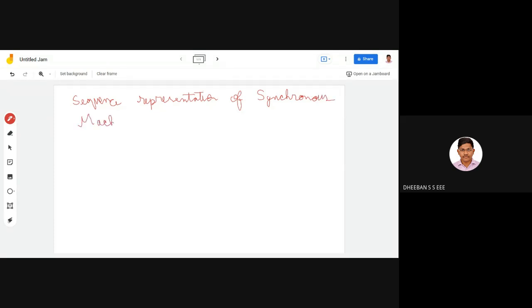So how to represent your synchronous machine in terms of your sequence, that is your positive, negative, and then your zero sequence. So what happens in these three sequences and how to represent this synchronous machine.